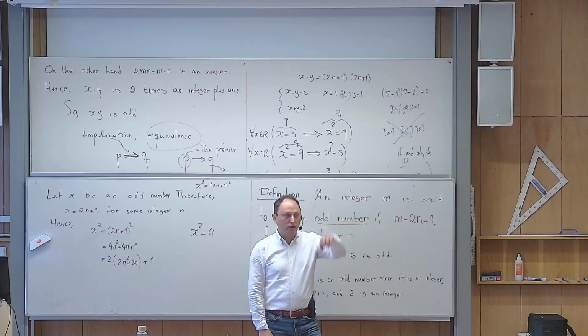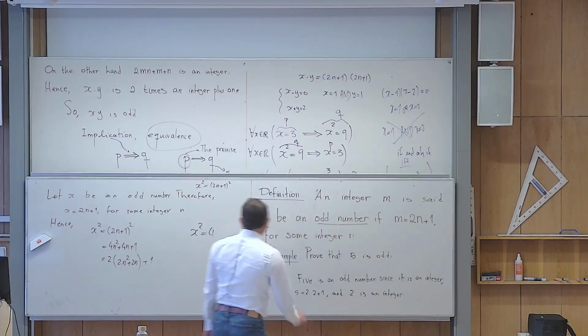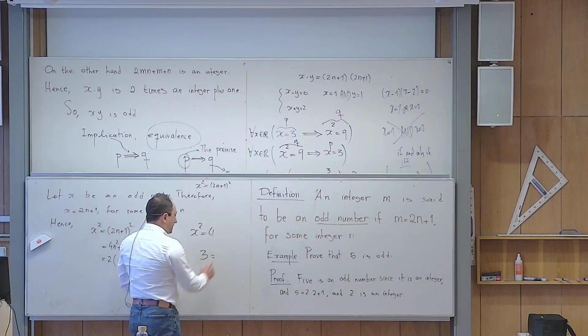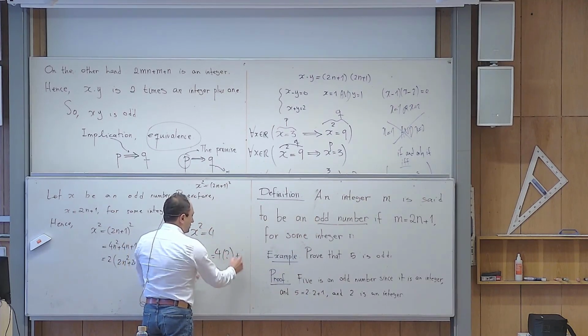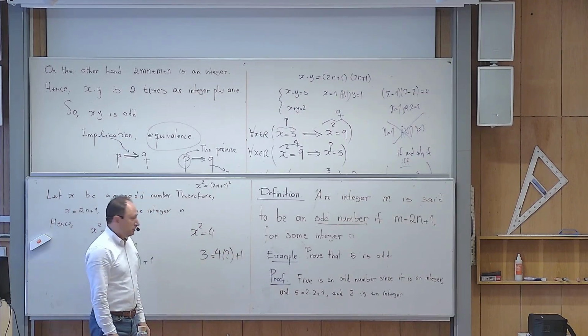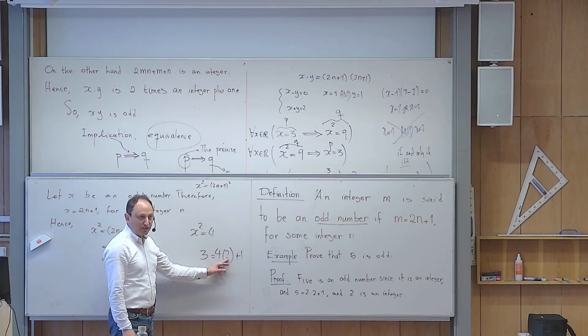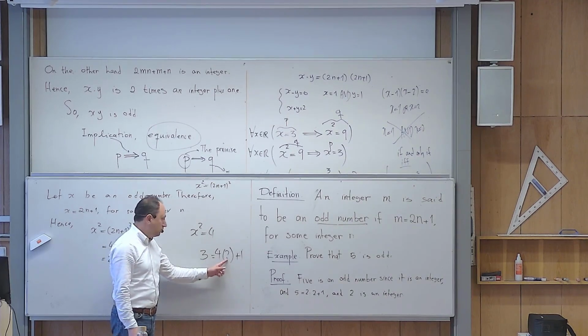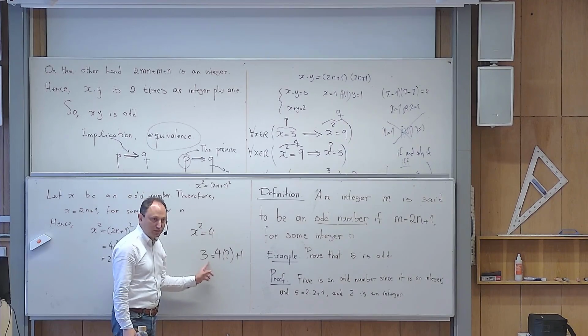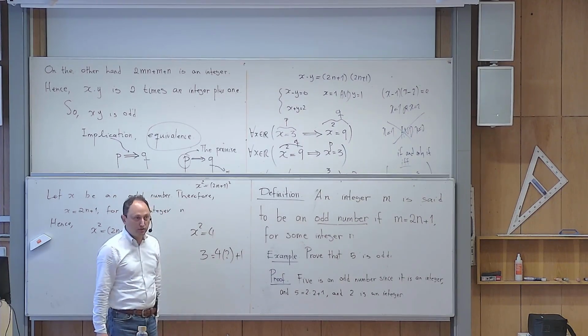Yes? Because 3 is an odd number. Can I write 3 as 4 times an integer plus 1? No. Because what is the question mark? The question mark should be 1/2. 1/2 is the only number that satisfies this, but this 1/2 is not an integer.